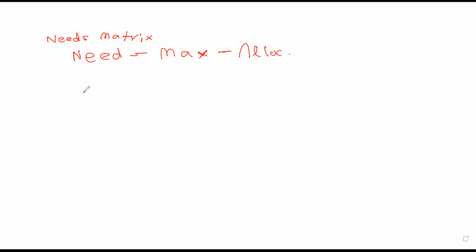So what is that need matrix going to be like? Basically you subtract from each number. So if we do process 0 to 4, we'll have a needs matrix that looks kind of like this.